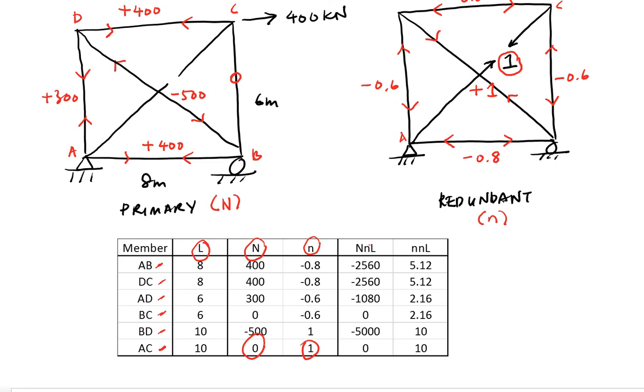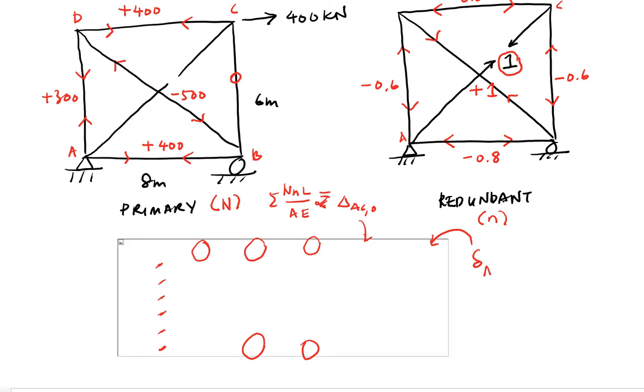Next, you calculate capital N, small n multiplied by L. Okay, if you divide this by AE, this will give you delta AC 0. Okay, summation of N and L divided by AE will give you delta AC 0, and then the second column will give you small delta AC 1.